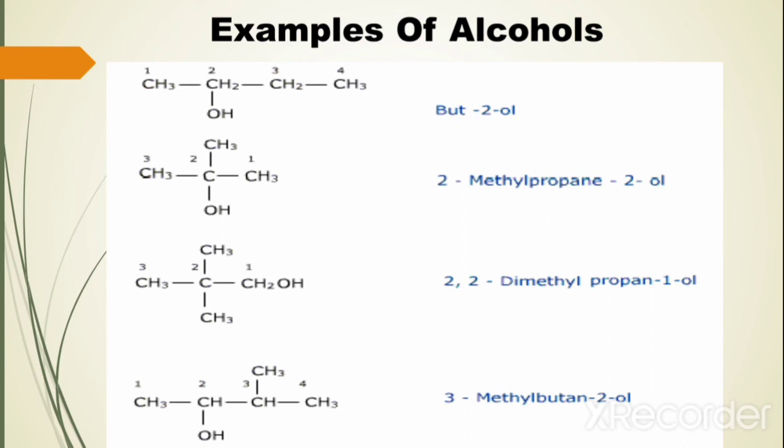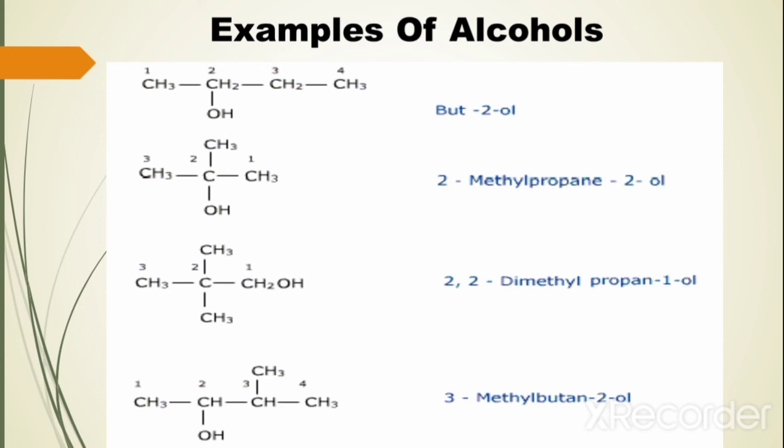The other example contains a 3 carbon chain, and on the first carbon there is a hydroxyl group, and on the second carbon there are 2 groups attached, which are the same, methyl groups, so we will name it as 2,2-dimethyl because of 2 methyl groups, and propan-1-ol.